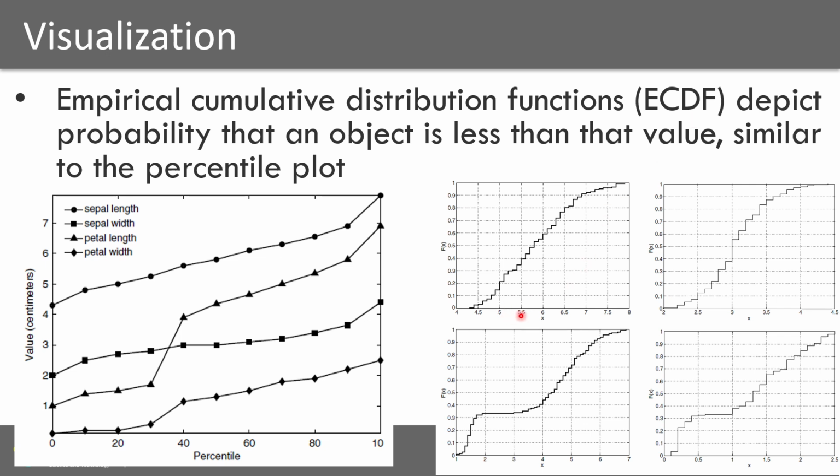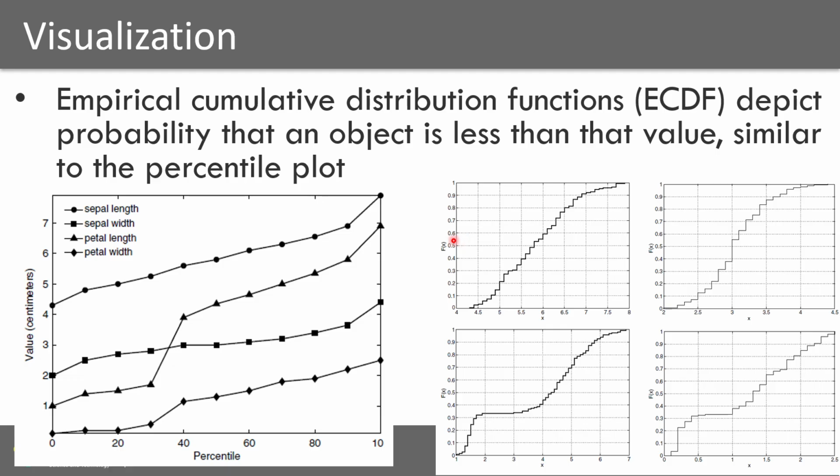We can see here that, for example, a value of 6, maybe 6 millimeters in our case, is associated with the probability of 0.5.